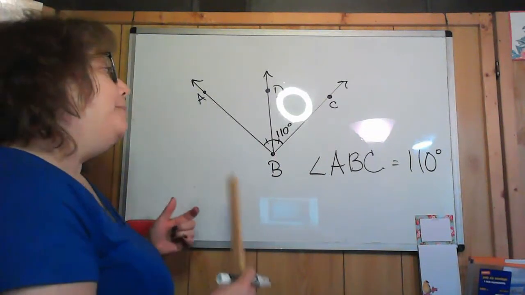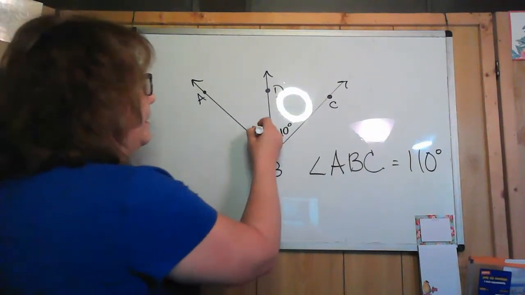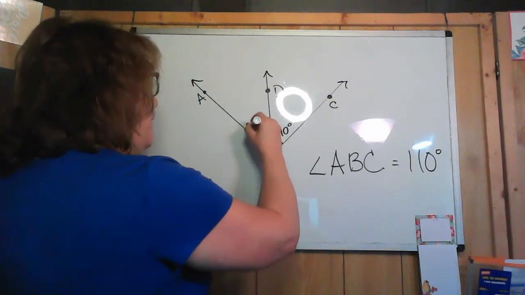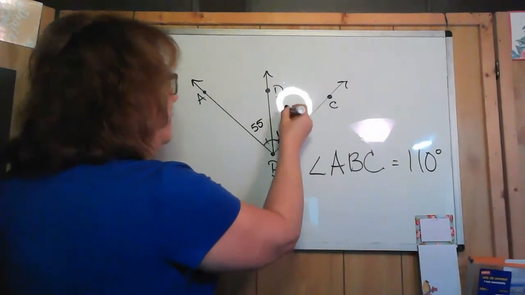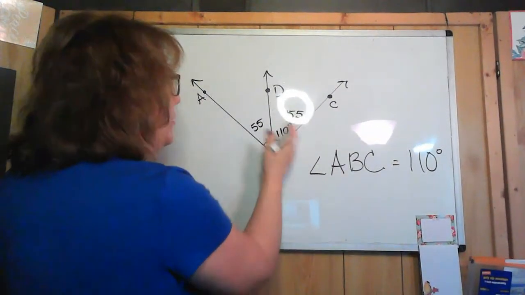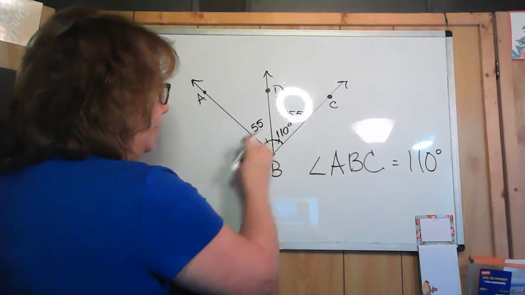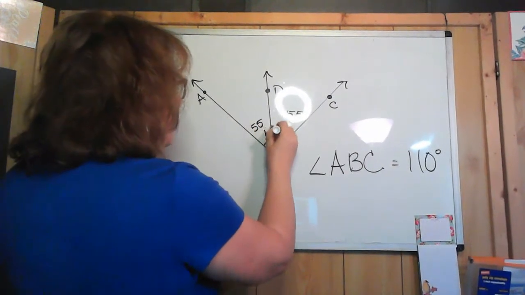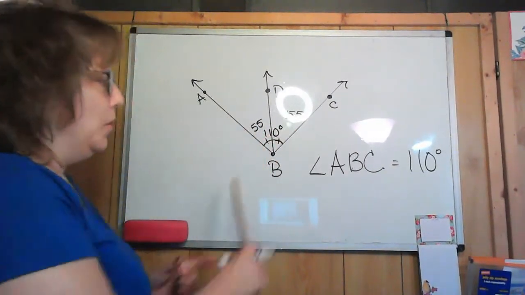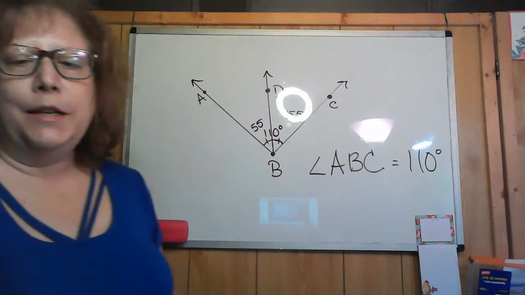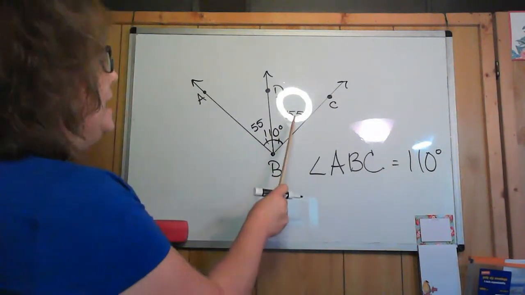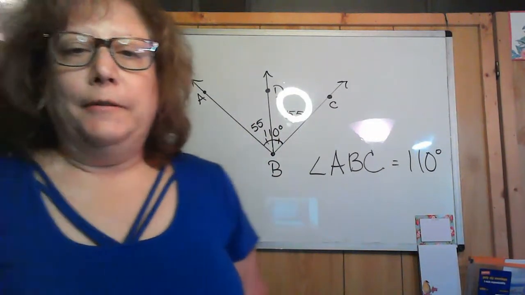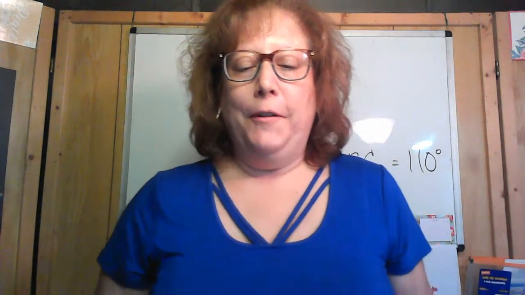Now, that means that this side is going to be 55, and this side is going to be 55, because the whole thing equals 110. It might be a little easier to write it like that, because that indicates that the whole thing is 110. But then each one of them is going to be 55, because they're each half of that whole.